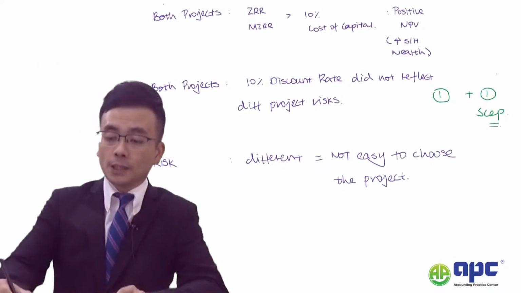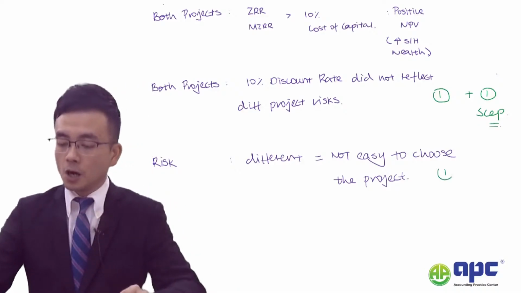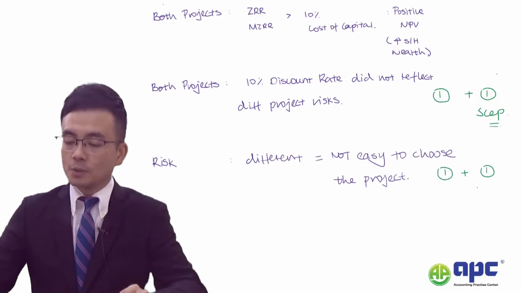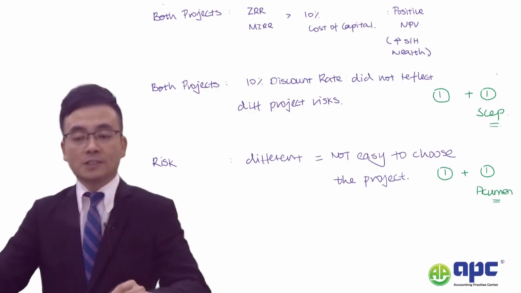That's why they could get one technical mark, but also one acumen mark here. It's very, very tough for you to spot where acumen marks or professional marks are coming from, except for the analysis and evaluation.